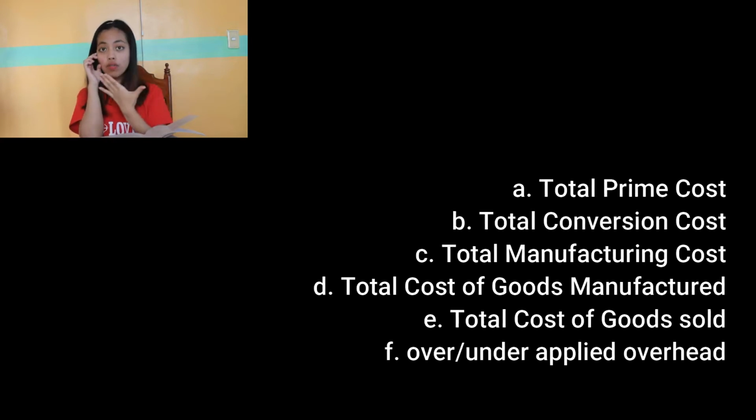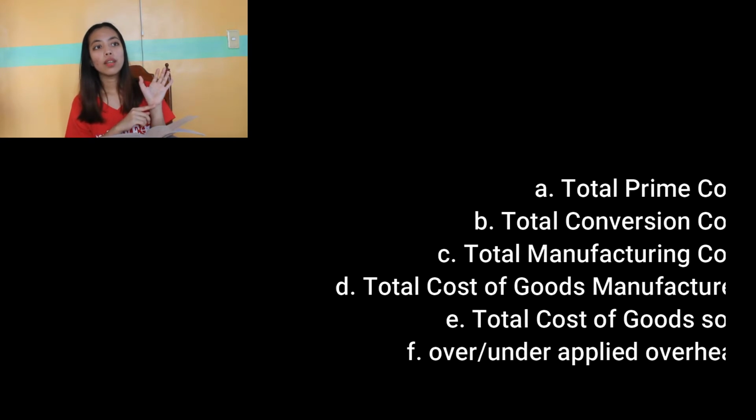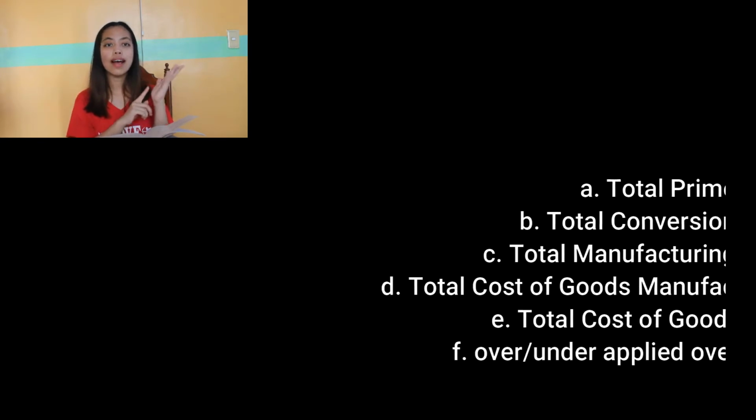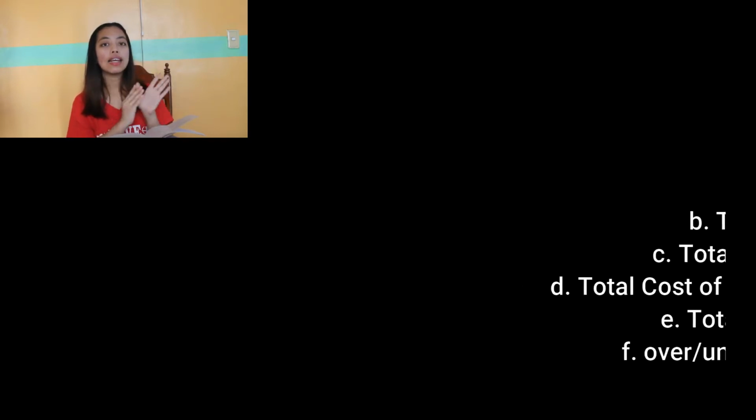For total cost of goods sold, we add the beginning inventory of finished goods to cost of goods manufactured and then less the ending inventory of the finished goods to get cost of goods sold. The last requirement is the over or under-applied overhead.